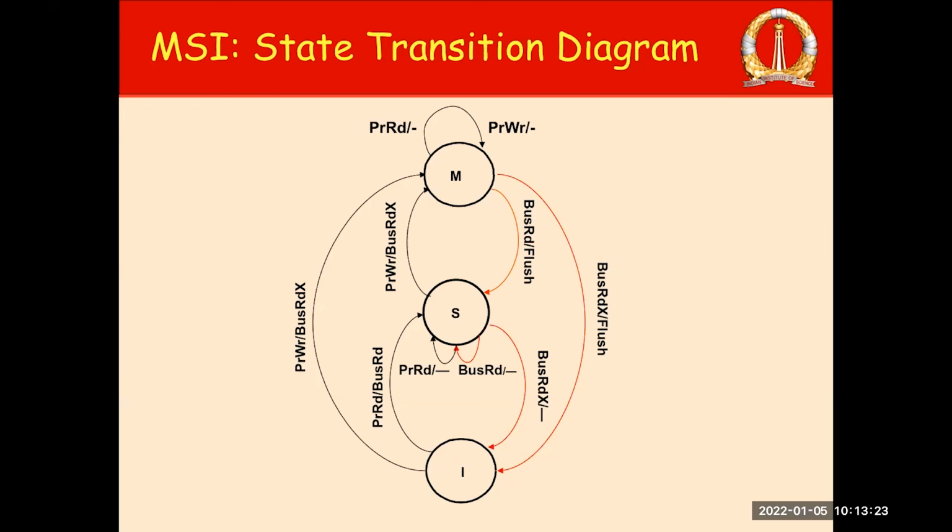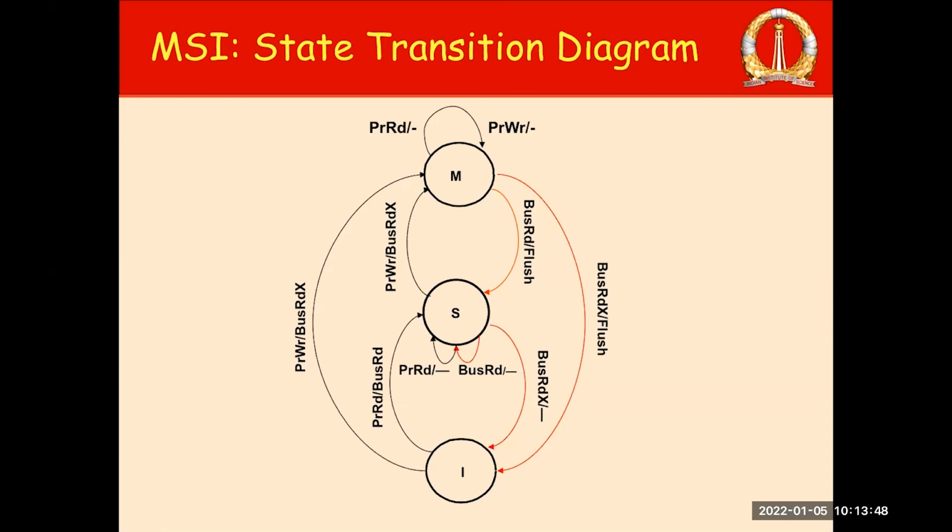Okay, and what exactly is the meaning of flush here? So this flush you are talking about, correct? Where is this flush happening from? From the modified state, right? And what is a modified state? What does it mean really?